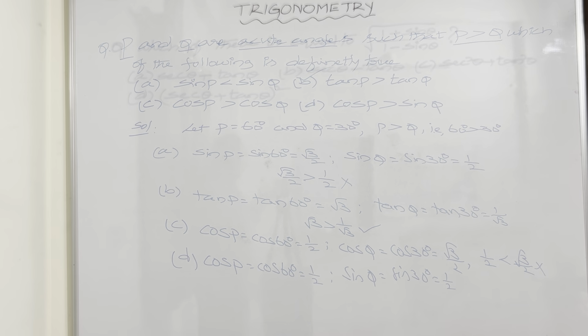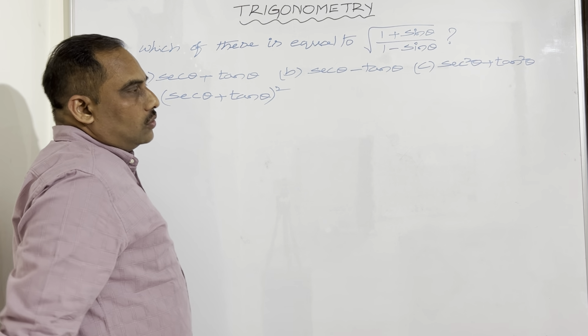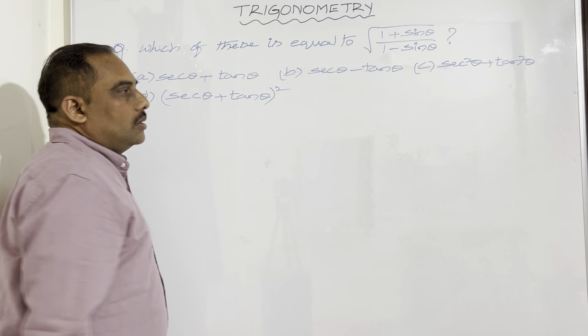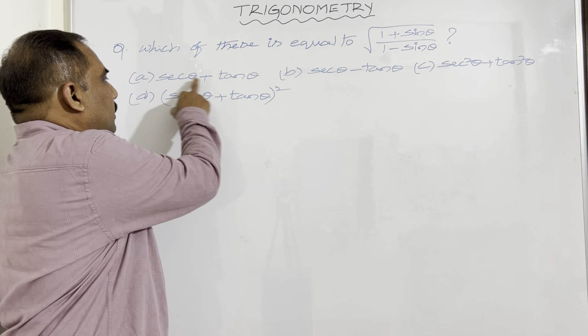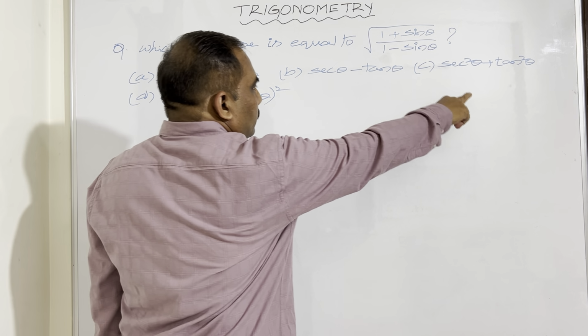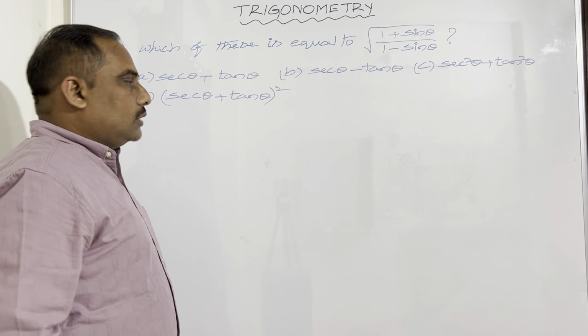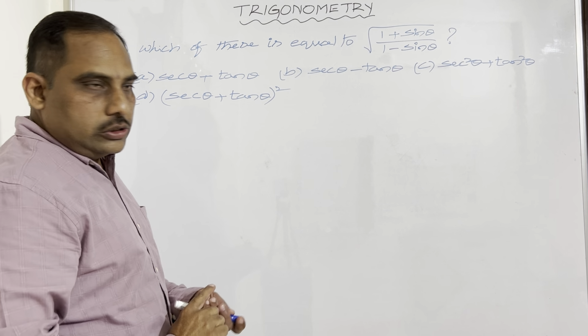Next. So here, which of these is equal to root over 1 plus sin theta by 1 minus sin theta. The given options are secant theta plus tan theta, secant theta minus tan theta, secant square theta plus tan square theta, and secant theta plus tan theta whole square.